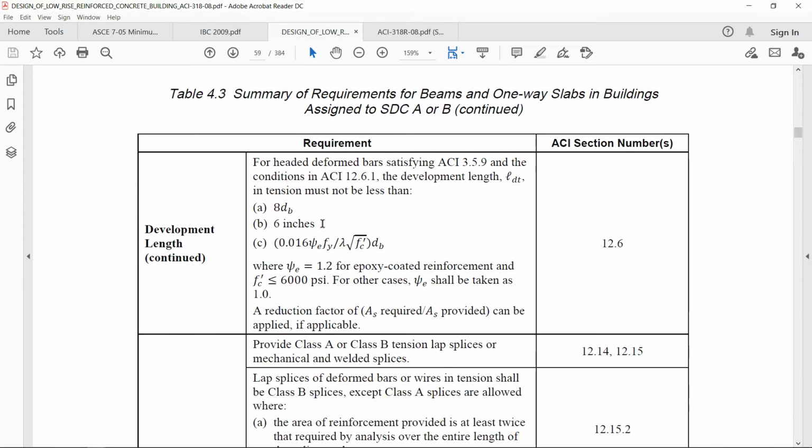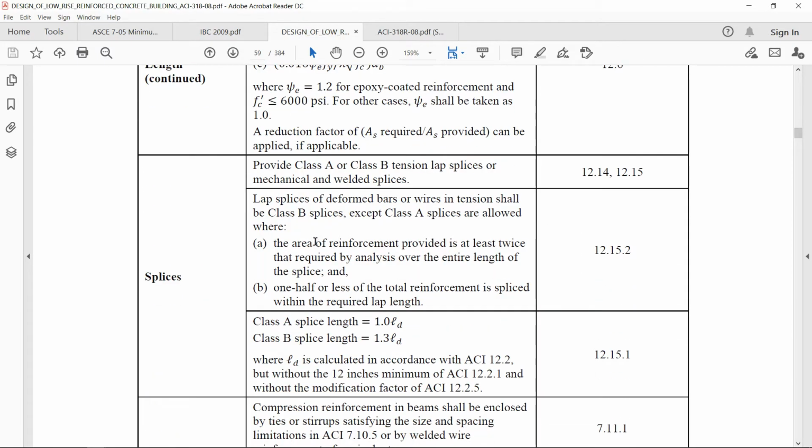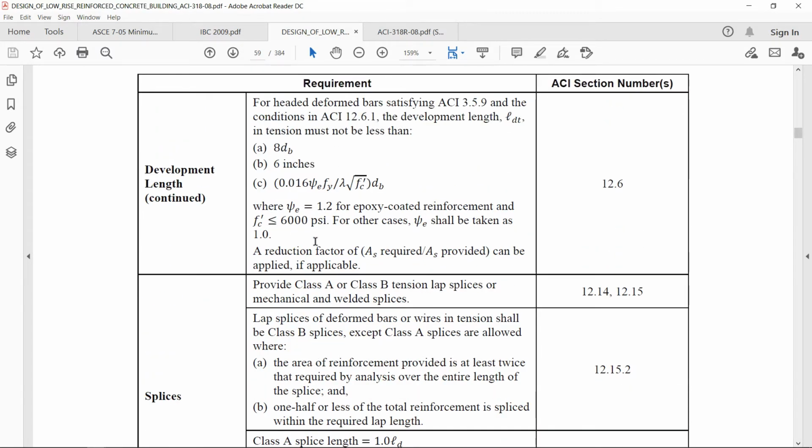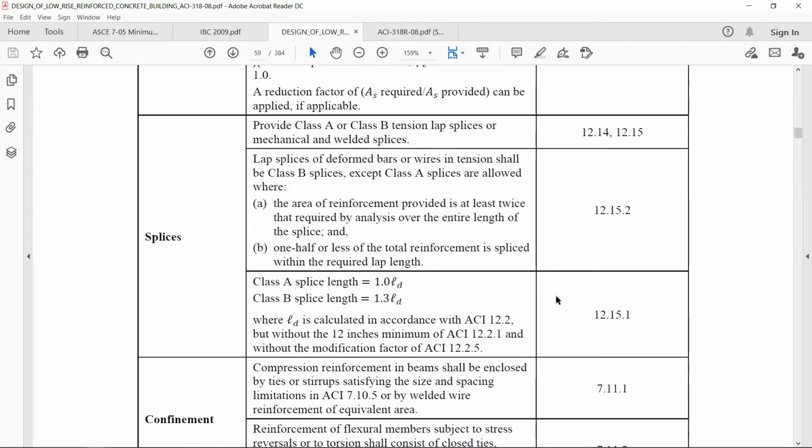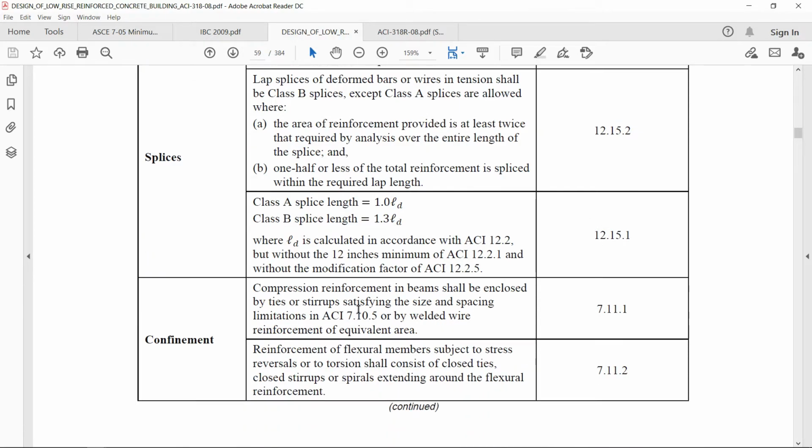I'm not going to detail each and every lap length over here. You can calculate easily, and the section is provided as 12.6. Then for splices, you have to follow paras 12.14, 12.15, 12.15.1, 12.15.2, etc.